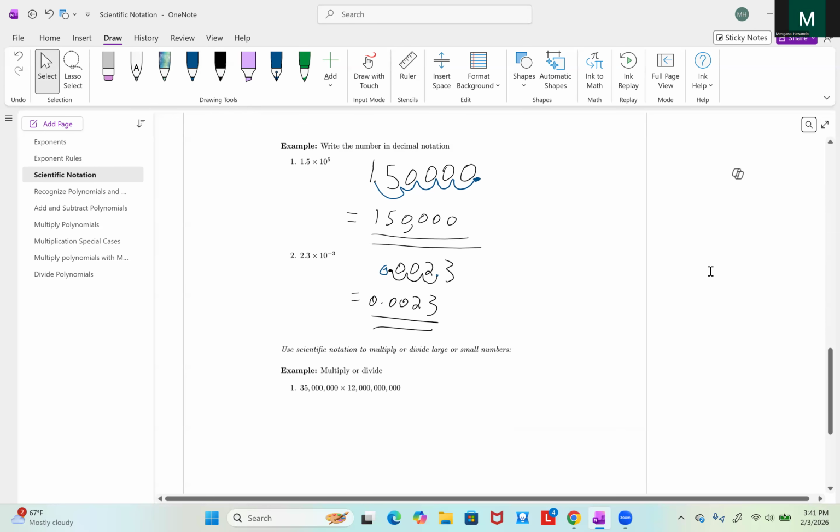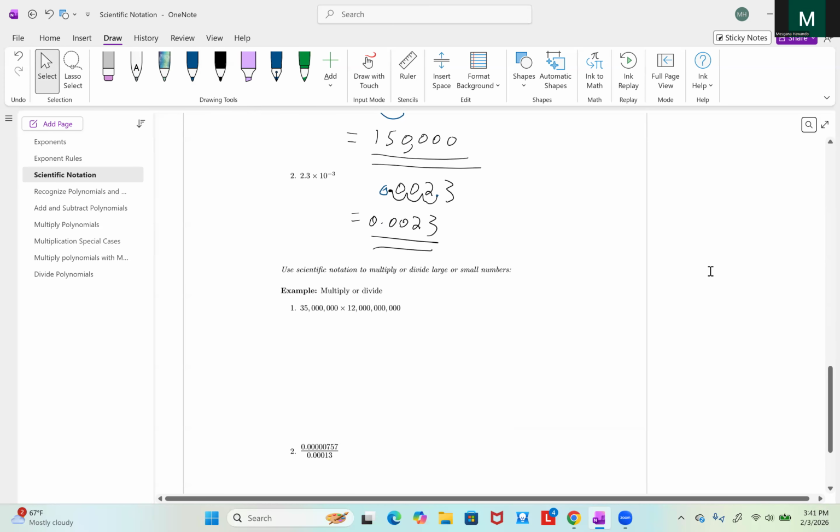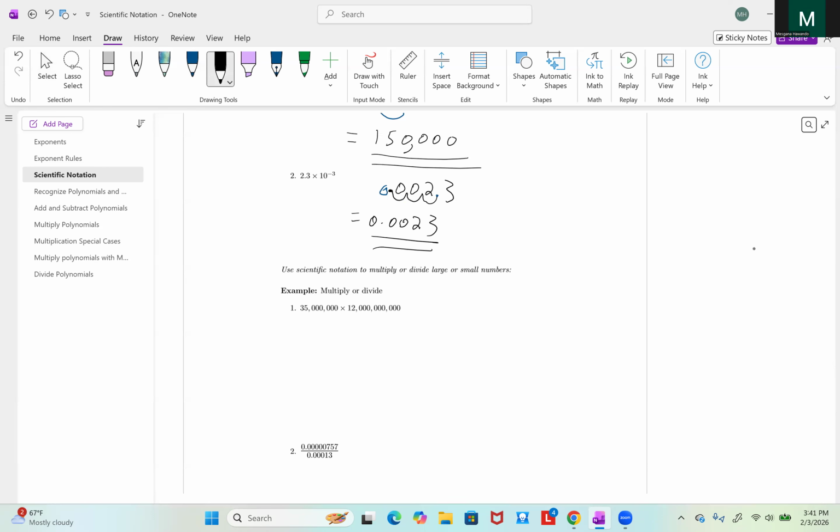Use scientific notation to multiply or divide large or small numbers. Example, multiply or divide. Let's multiply. These are large numbers written in decimal notation, so we change the numbers into scientific notation.